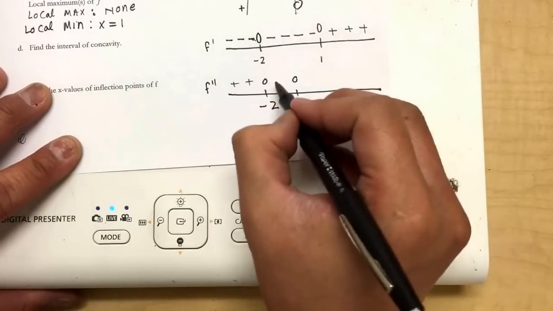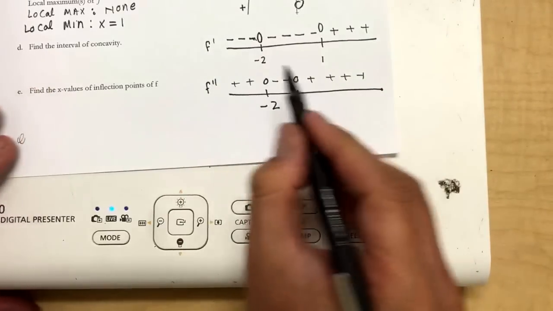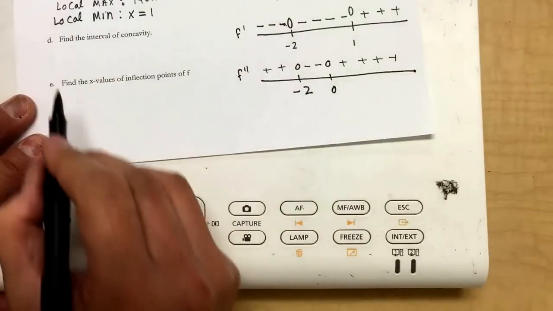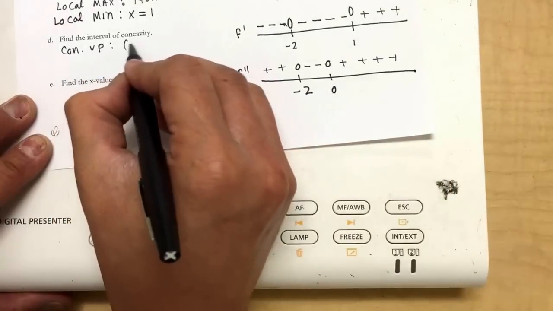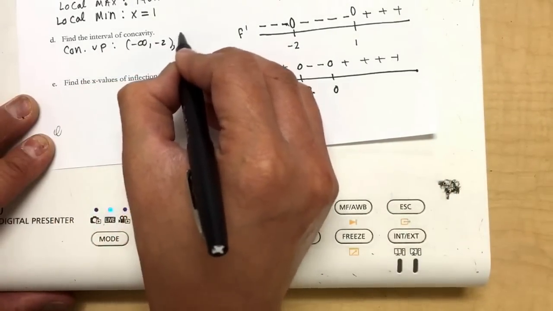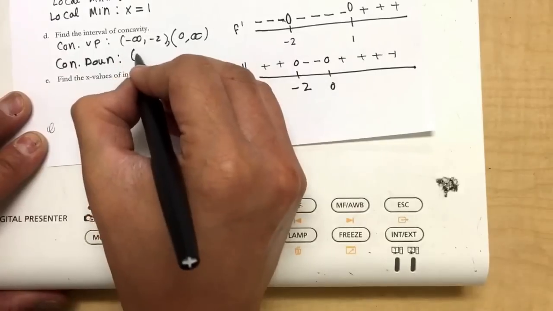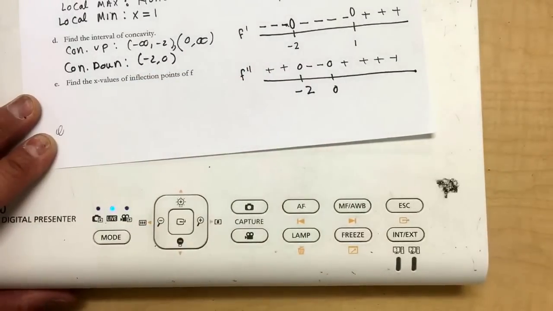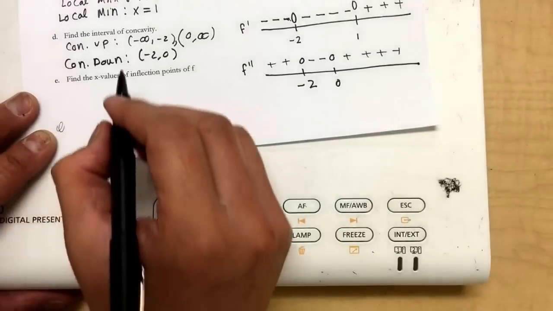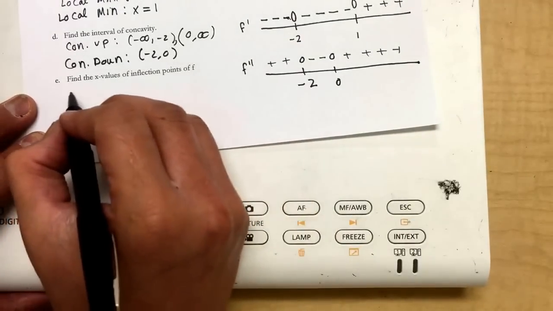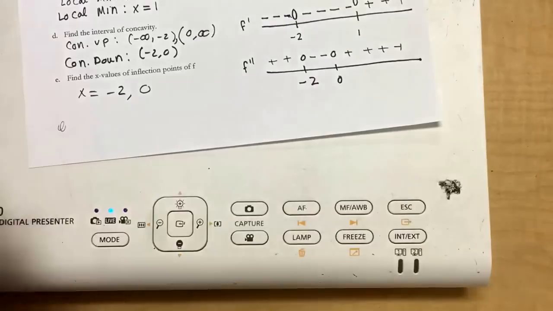And using those marks, this is the sign chart for the second derivative. Now we can discuss the interval of concavity. So concave up from negative infinity to -2, and then from 0 to infinity. And the inflection points are going to be at x equals -2 and 0.